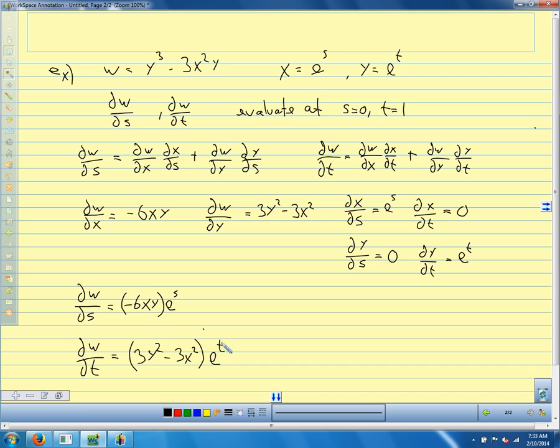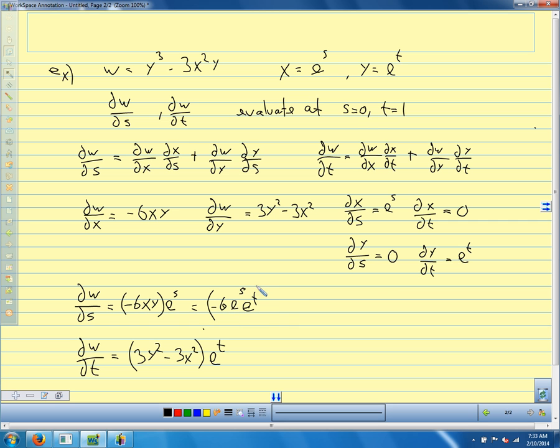And this is where I said at the end we want to express our partials in terms of our independent variables. So we want our partials expressed in terms of x and t. So I'm going to substitute for x and y. So this is going to be minus 6 e to the s. Y is e to the t.